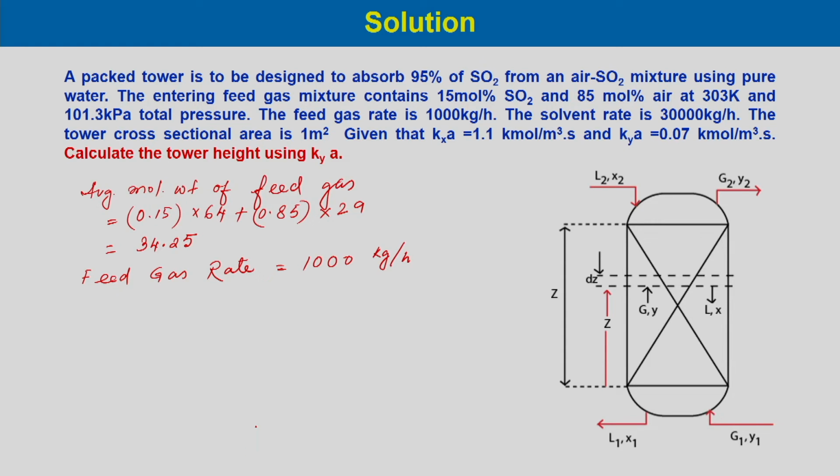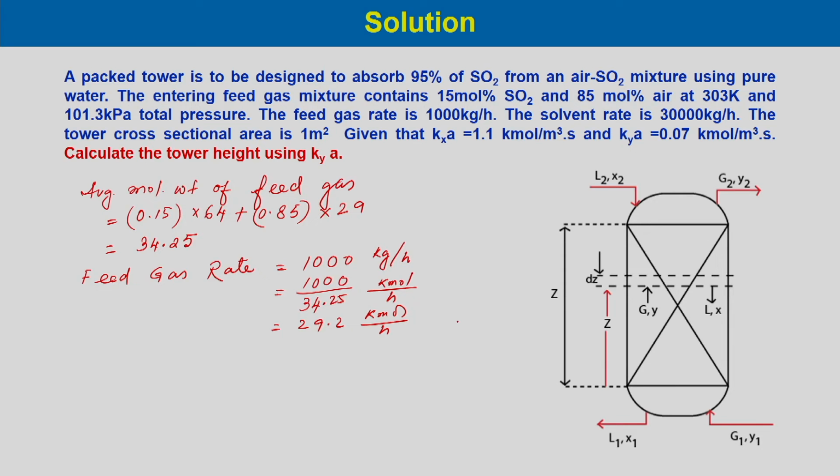If we convert to kilomole per hour, this is equal to 1000 divided by the average molecular weight, 34.25, which is about 29.2 kmol per hour.